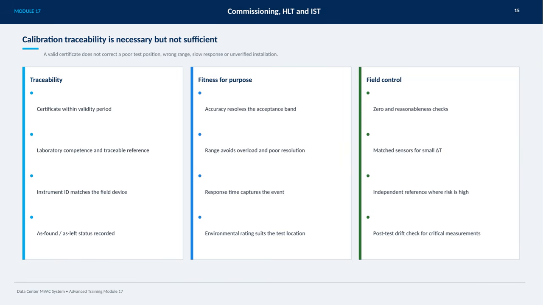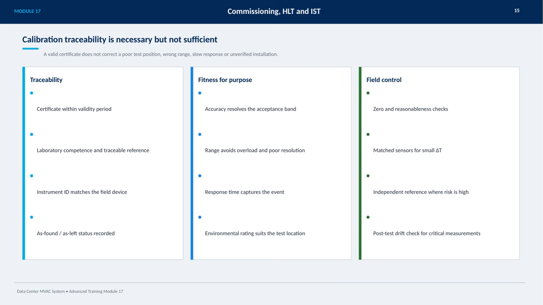For example, accuracy must be precise enough to resolve the acceptance band, while the measurement range must prevent overload and maintain good resolution. The response time needs to be fast enough to capture the relevant event properly, and the environmental rating of the instrument must be appropriate for the actual test location.